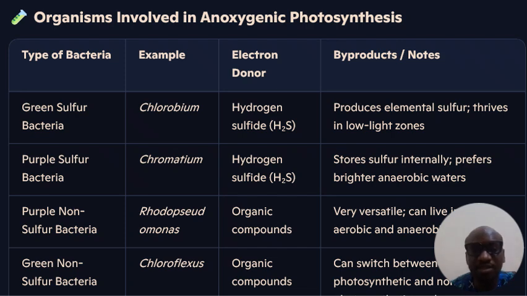They usually have electron donors, which can be hydrogen sulfide or organic compounds, and their byproducts can be elemental sulfur, or other compounds related to sulfur. And some can actually switch between photosynthetic and non-photosynthetic. An example is the green non-sulfur bacteria, for example Chloroflexus.